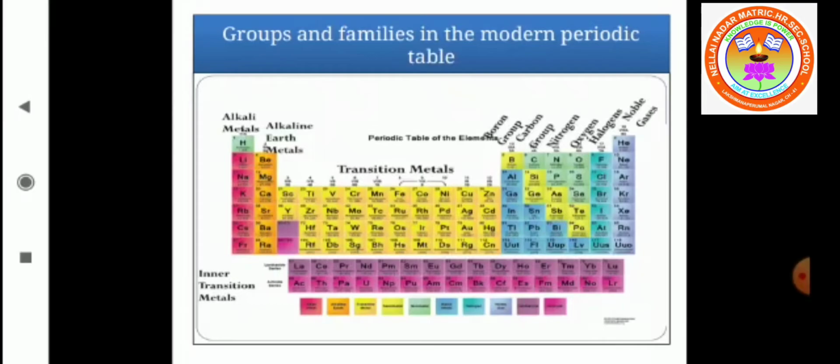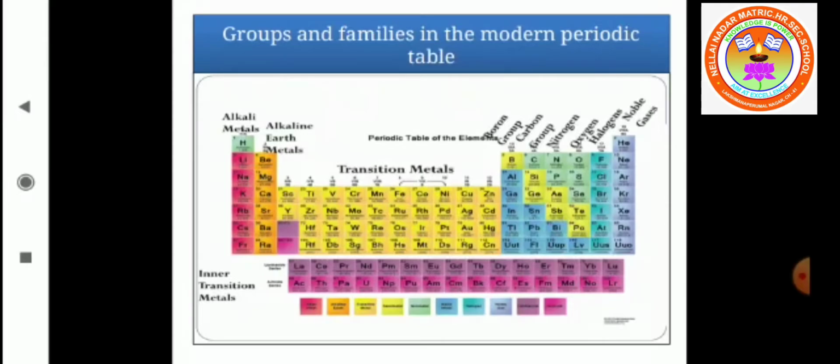Coming to the 15th group, it is called the nitrogen family or 15th group. Coming to the 16th group, it is the oxygen family or chalcogens, ore producers. Okay. Coming to the 17th group, it is halogens, or we can call it the fluorine family also.